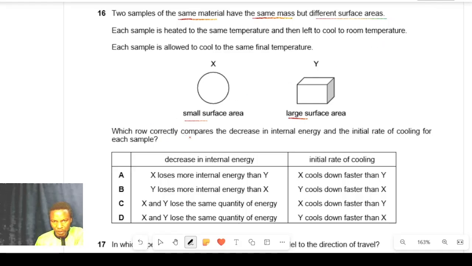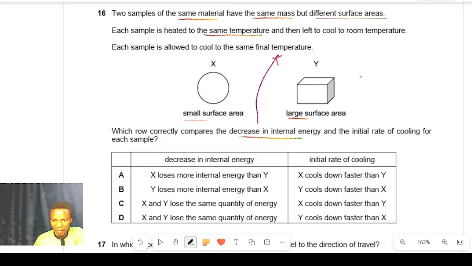Which of the following correctly compares the decrease in the internal energy and the initial rate of cooling? Internal energy is a function of the temperature. Since both were heated to the same temperature, the energy in X and in Y is the same.